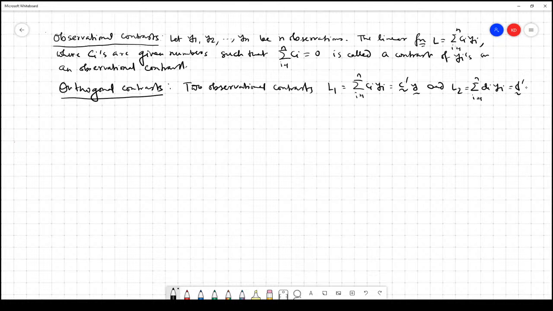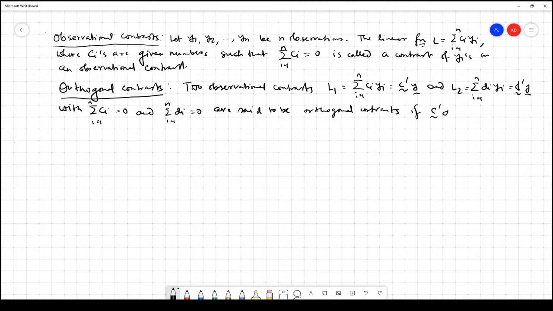So this is equal to d prime y, and since these are contrasts, they should satisfy sum of ci equal to 0 and sum of di equal to 0. They are said to be orthogonal contrasts if c prime d, that means summation ci di, i from 1 to n, equals 0.